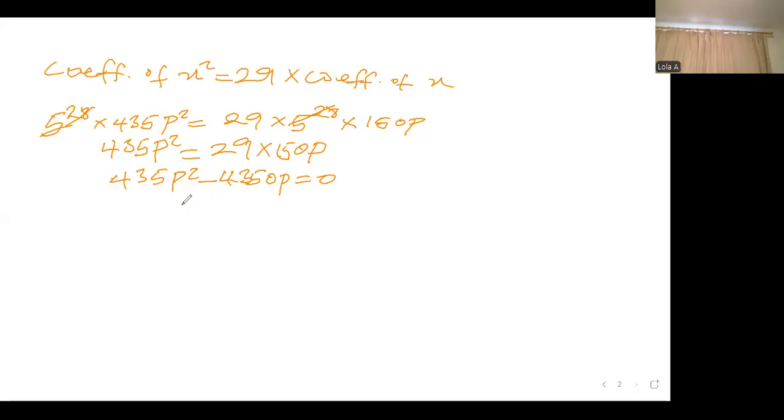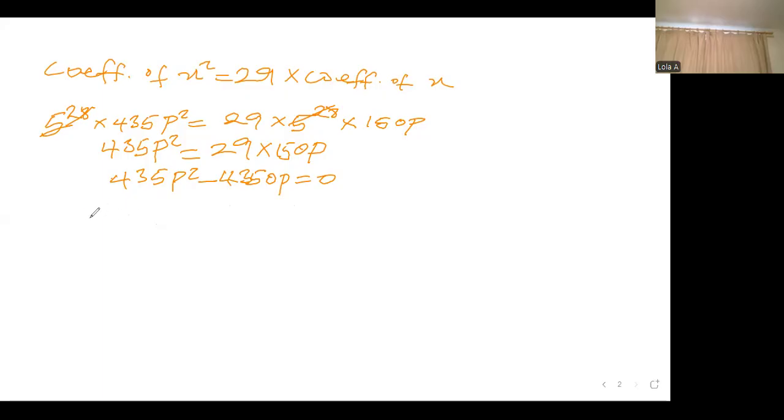Now, both numbers end with a number that can be divided by 5. Any number that ends with 5 is divisible by 5. Any number that ends with 0 is also divisible by 5. So if you like, you can start to divide by 5. But 435 can go in 4,350.